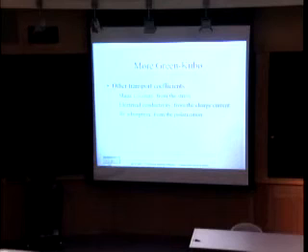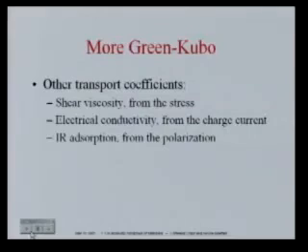But again, if there is one thing that you need to remember, it is this: this general set of relations makes a connection between a macroscopic property, in particular a response property of the system.